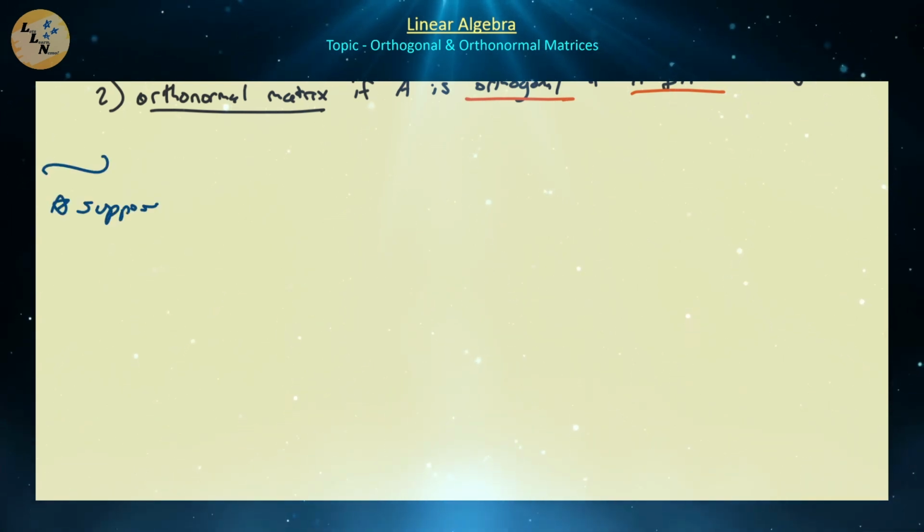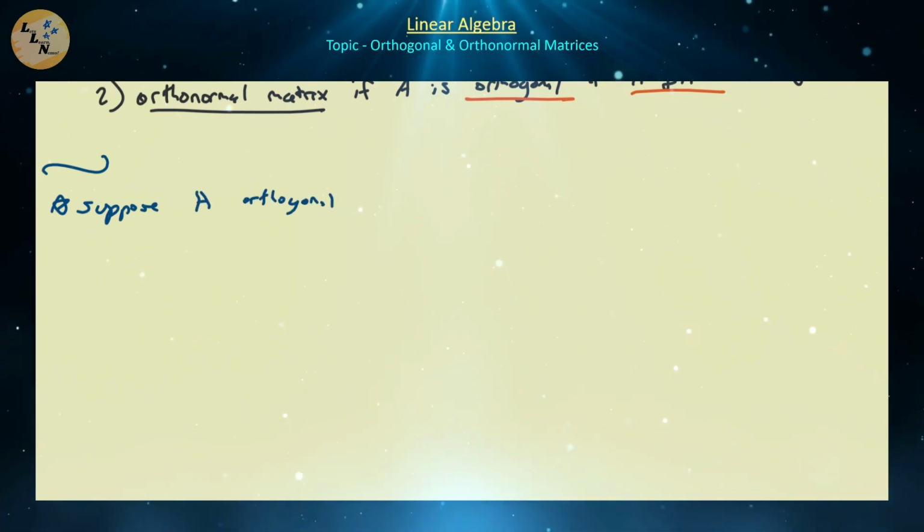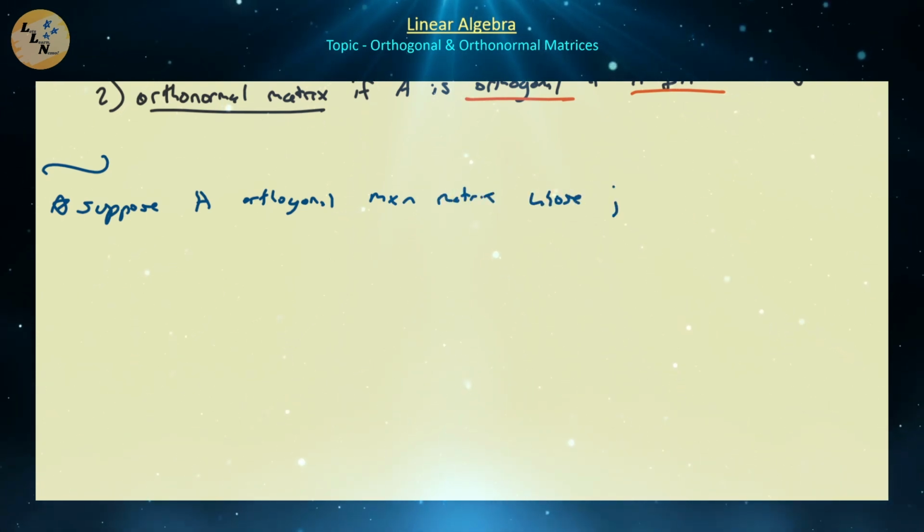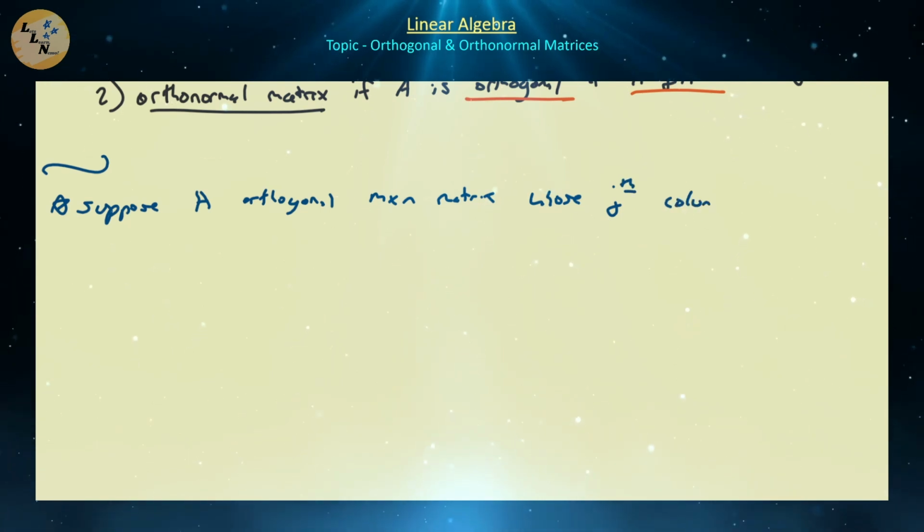So let us suppose that A is an orthogonal m by n matrix, whose jth column is, say, AJ.